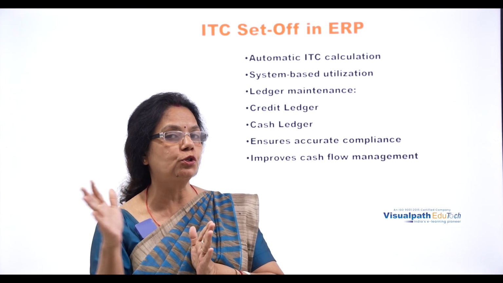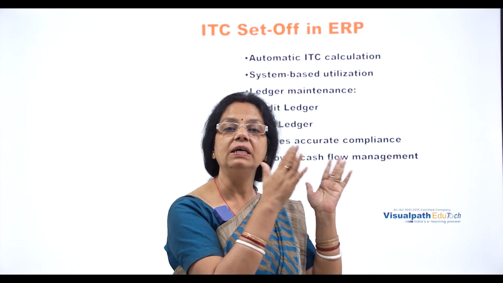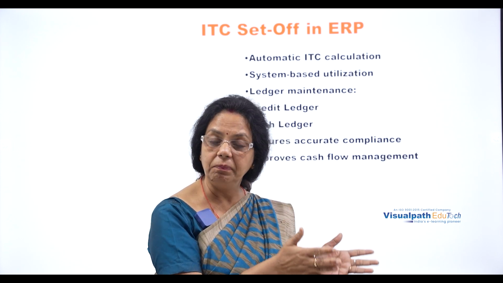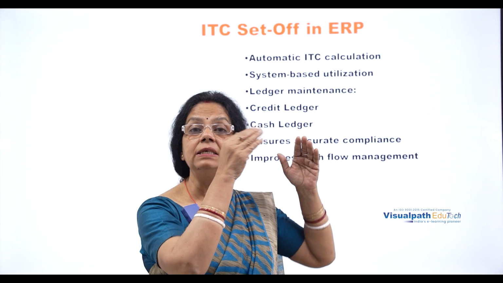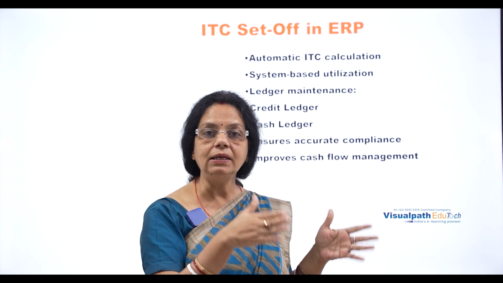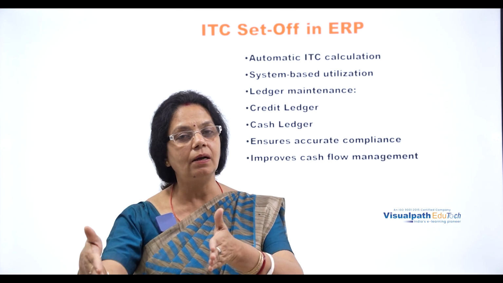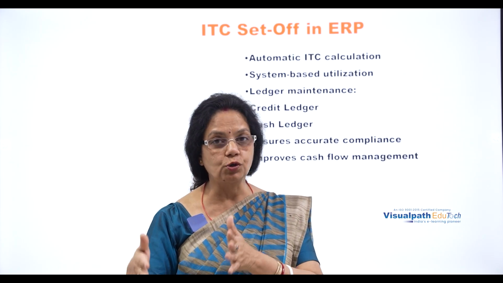ITC set off in ERP. That means what? Now, three terms come together. ITC, input tax credit, which minimizes the taxation by implementing certain policies, implementing certain rules, which is set off by the ITC. And this ITC set off helps the ERP to upload everything to the ERP. This is enterprise resource planning.